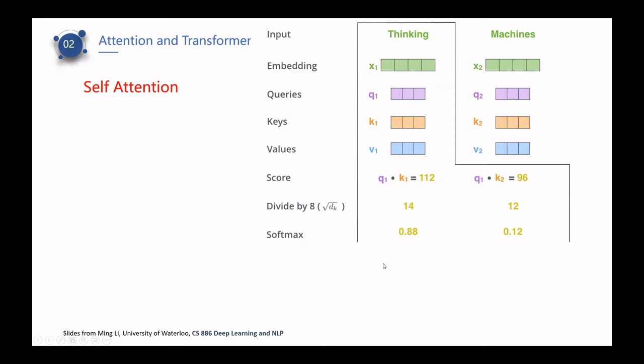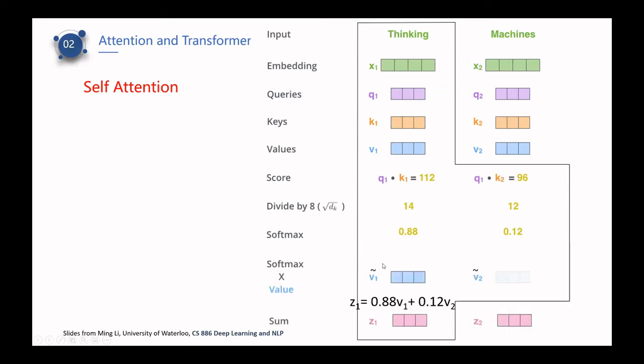Now we take these and multiply with the values as we did before. So 0.88 multiplied with V1 and 0.12 multiplied with V2 becomes our Z1. That is the process of applying self-attention for one word. We started with X1 and got Z1. It's very clear, the process we did.